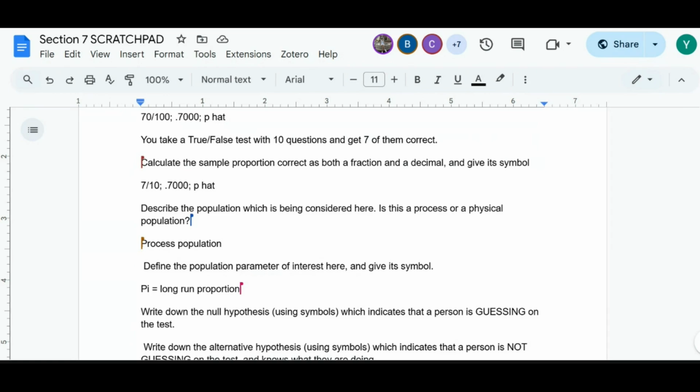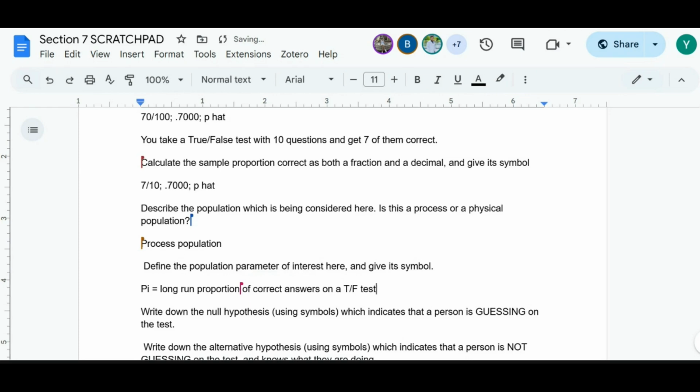It's the long run proportion of something to do with the answers. Well, what about the answers? It's not of the population. It's the long run proportion of, yes, correct. It's the long run proportion of correct answers on a TF test.